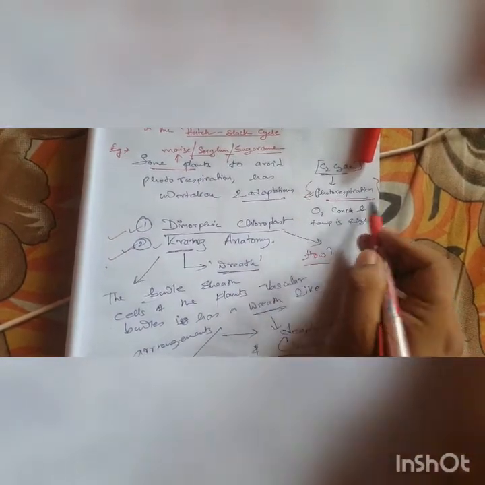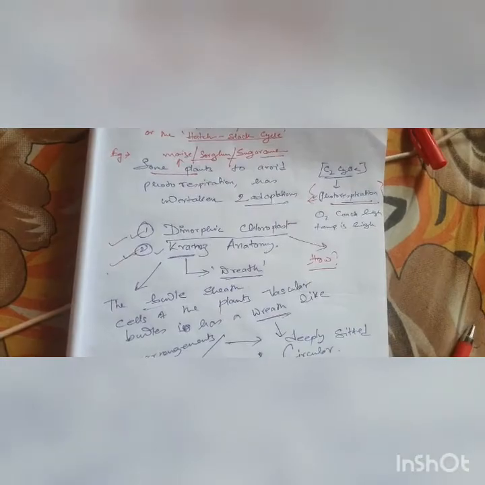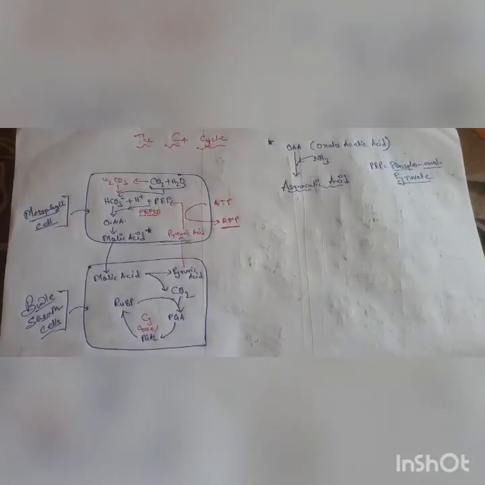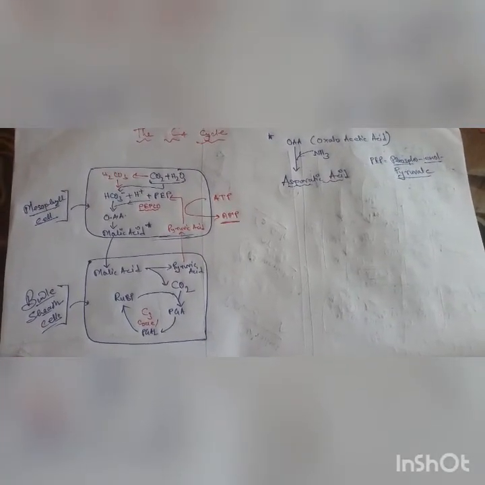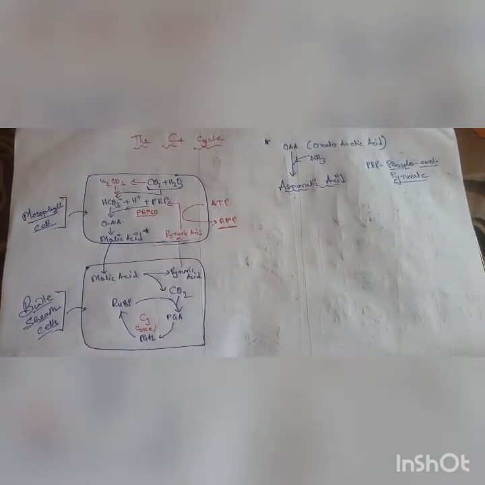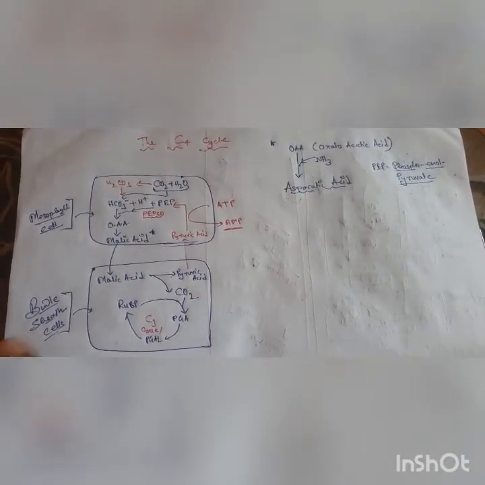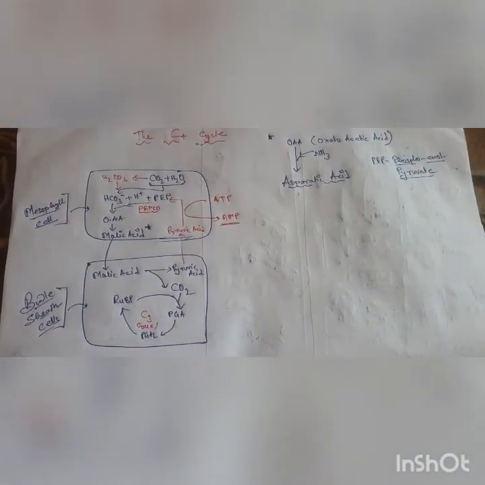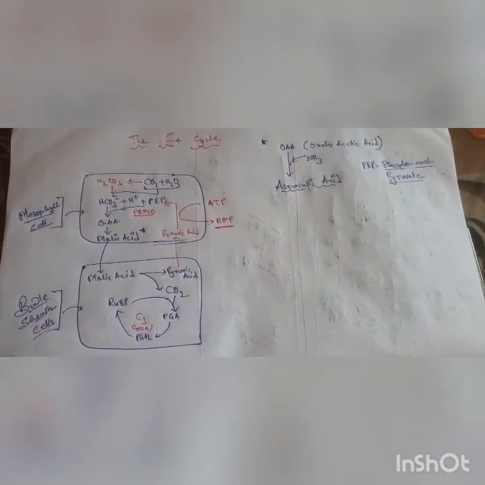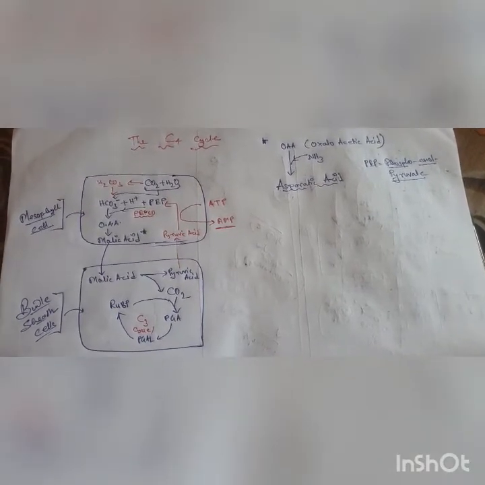But how do these two adaptations help them to overcome or bypass the photorespiratory pathway, which you have learned in the last video? Now you'll understand how this adaptation supports the bypassing of photorespiration, and why in C4 plants like sugarcane, maize and sorghum the photorespiration does not occur.